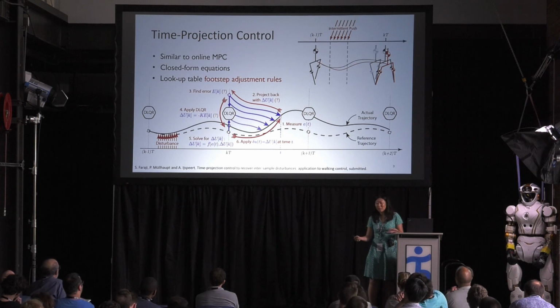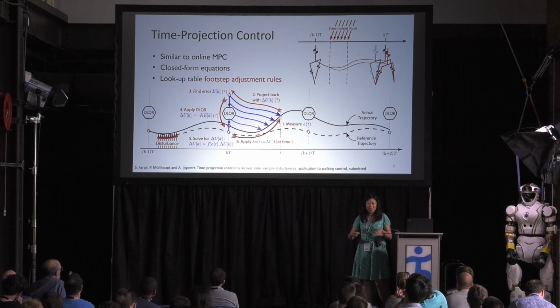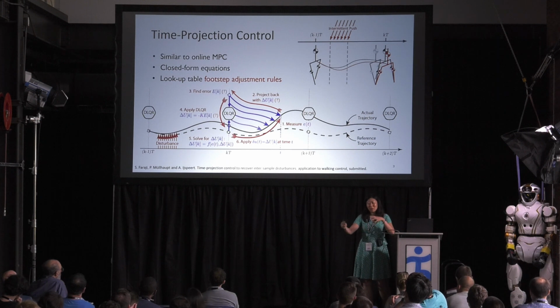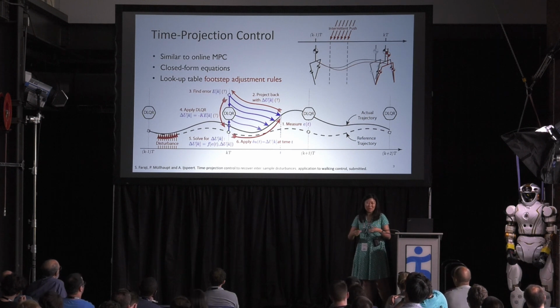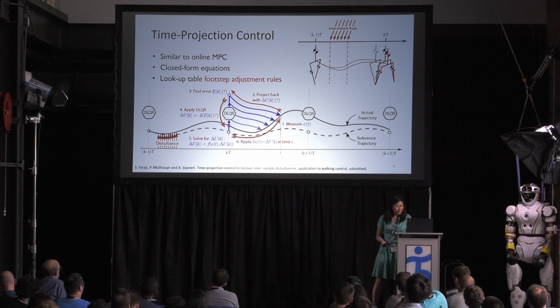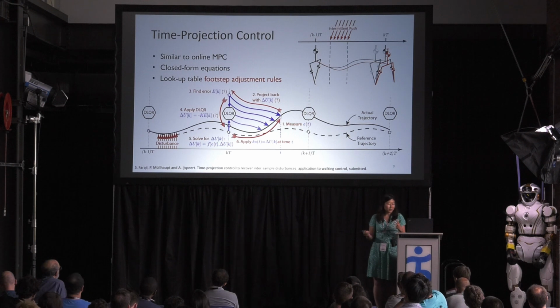So he doesn't have to wait for the next footstep in order to correct for that disturbance. He can continuously modify it, with intermittent pushes during the swing or during the step in order to counter that. This also has closed form solutions, and there's also a lookup table with foot adjustment rules.